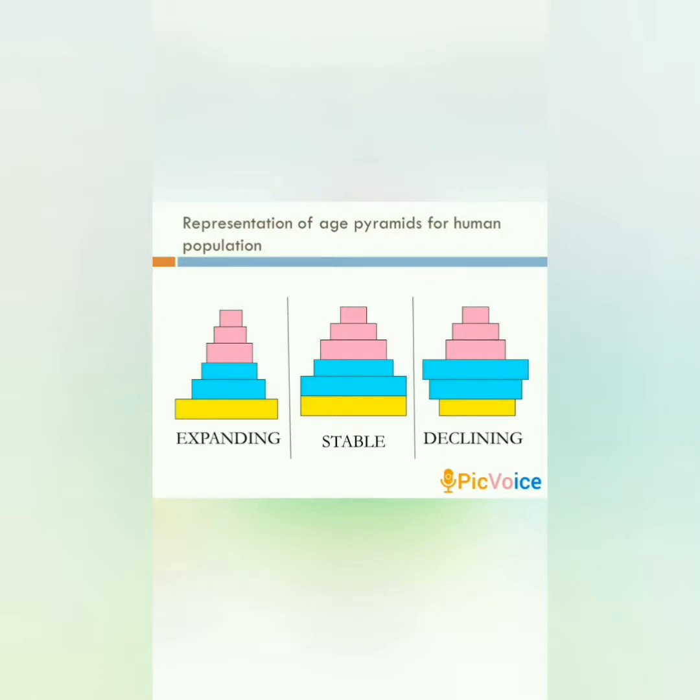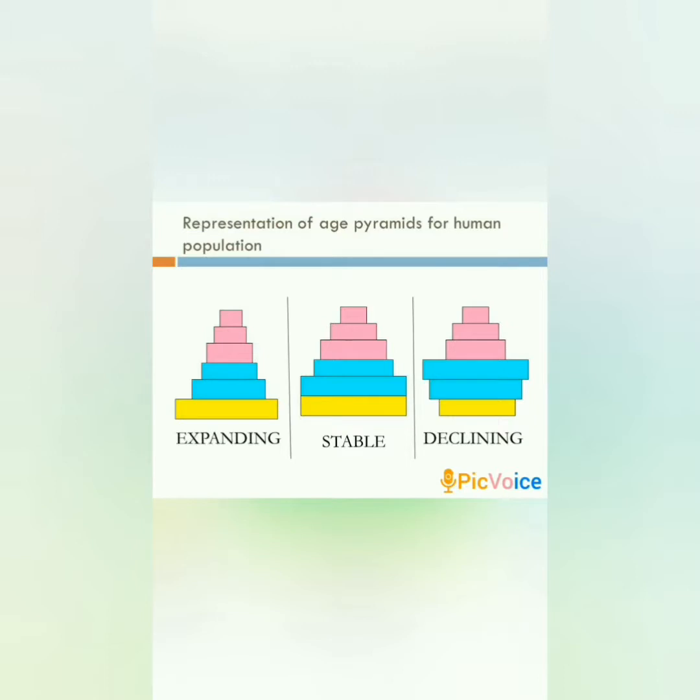Number two, stable population. In this population, the numbers of individuals in the pre-reproductive and reproductive age classes become more or less equal in size. The post-reproductive group remains the smallest. The graphic representation of a stabilized population is bell-shaped. The third one is the diminishing population.